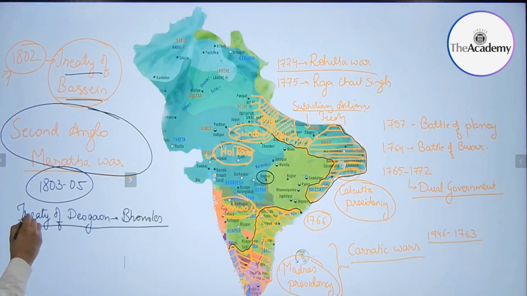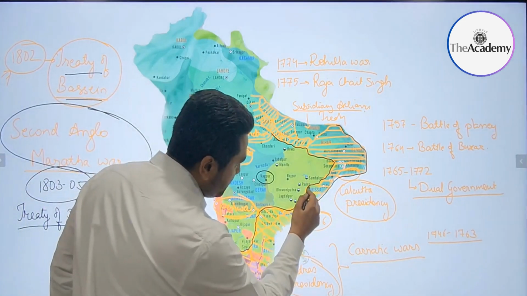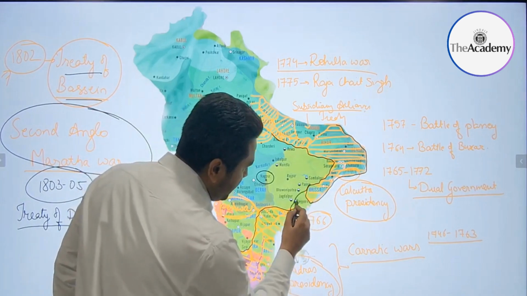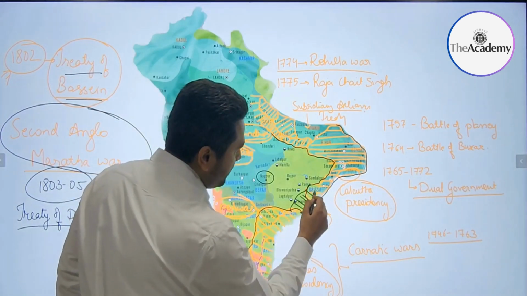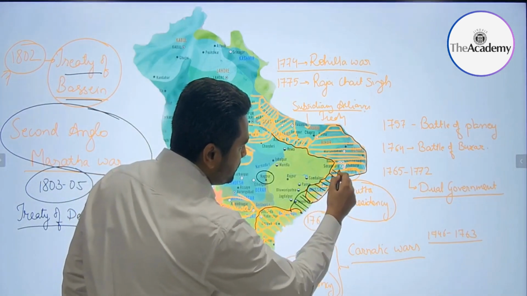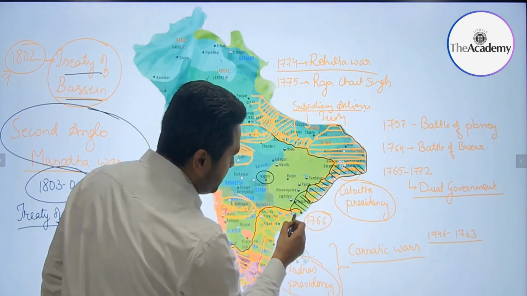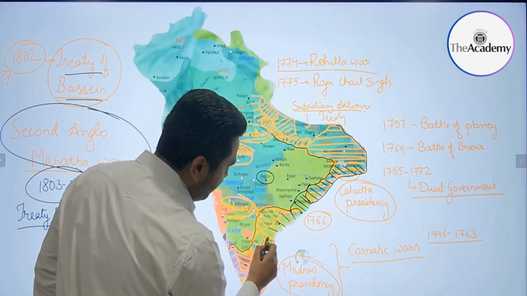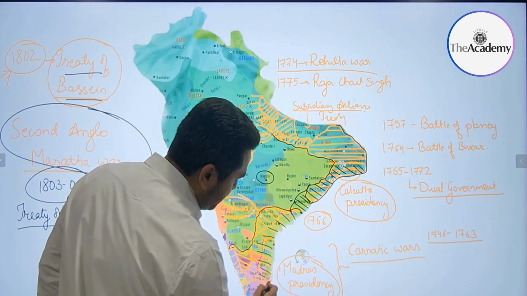Via this Treaty of Devgaon, the British will annex the entire Odisha. So effectively, following the Second Anglo-Maratha War, the British were able to have complete control over the eastern coastline.